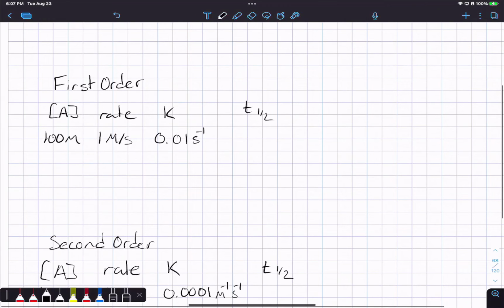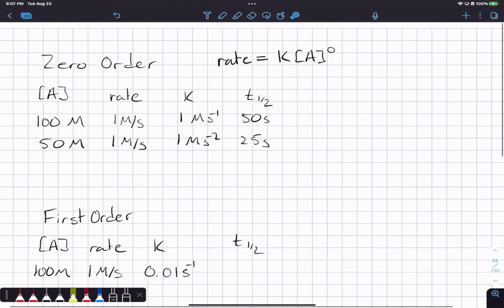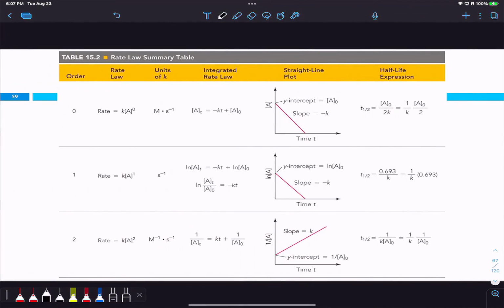For a first-order reaction, though, if we're starting out at 100 molar and we have 1 molar per second, what's our half-life? Oh, I knew I was missing some piece.